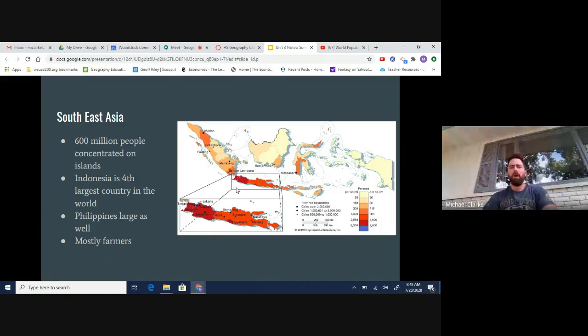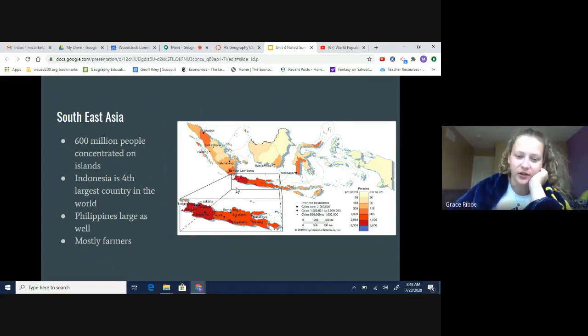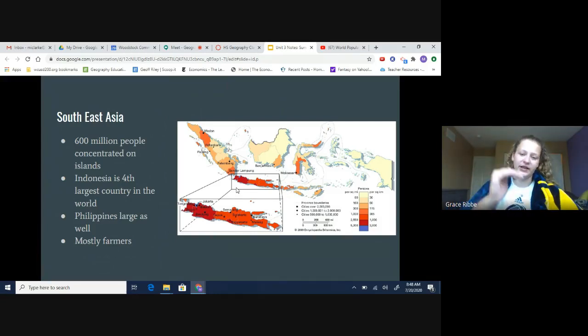Okay. So what's a connection that you guys noticed between these four population clusters? What's a similarity? They all have a scale of either the most populated areas in that specific country, or they have a scale, like they have colors, like red and different.